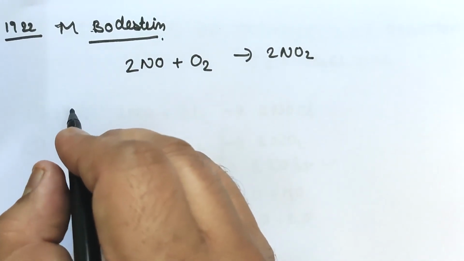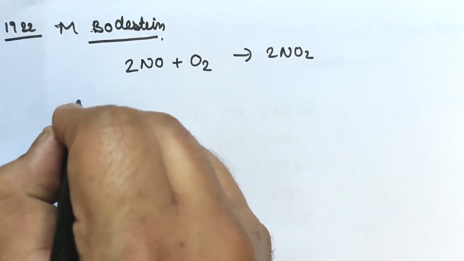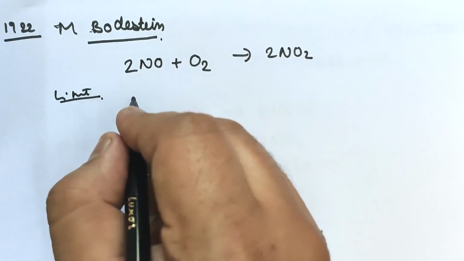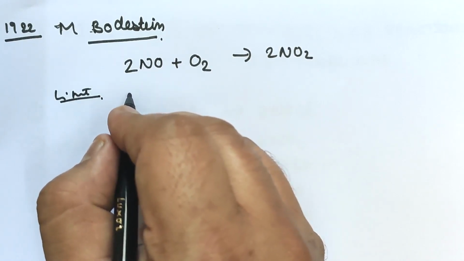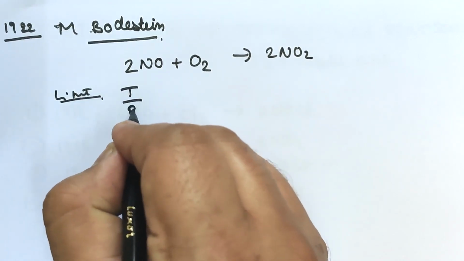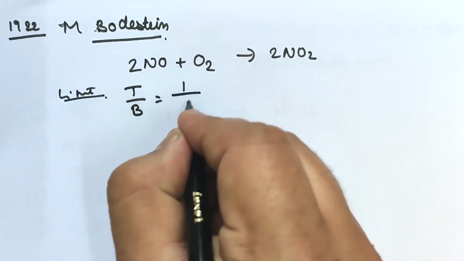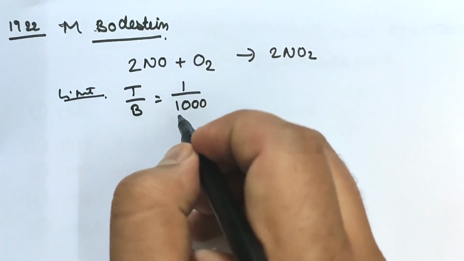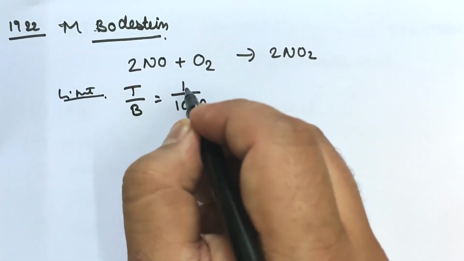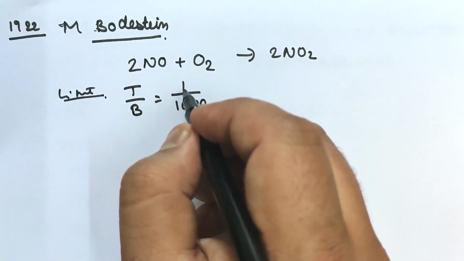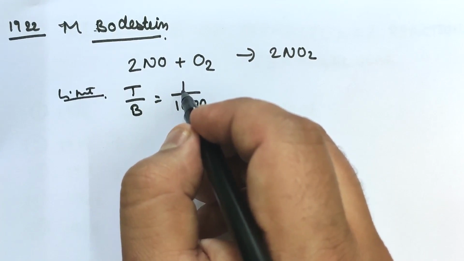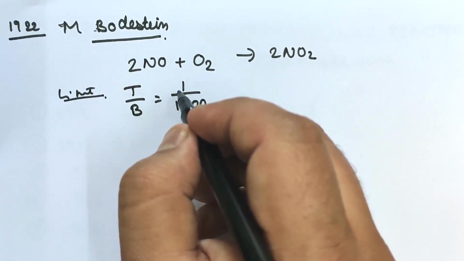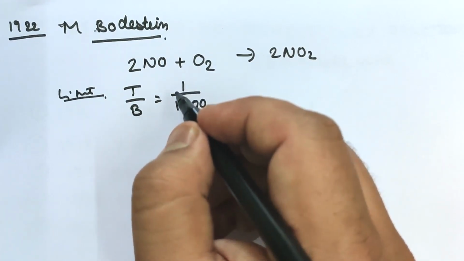But here also there was an objection, or a limitation, in this theory. When we take the ratio of tertiary to binary collisions, the ratio was about 1 to 1000. That is, out of 1000 binary collisions, only one trimolecular collision was possible, and this value was also found to be very large compared to the frequency factor of trimolecular reactions.